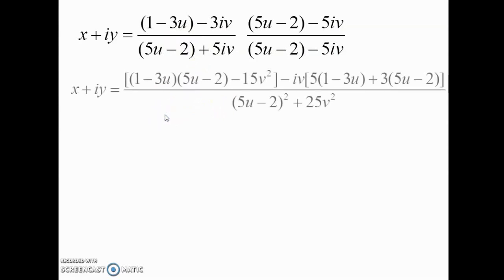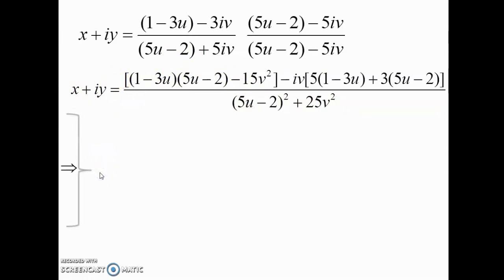So we'll get x plus iy is equal to [(1 minus 3u)(5u minus 2) minus 15v square minus iv(5(1 minus 3u) plus 3(5u minus 2))] divided by (5u minus 2) whole square plus 25v square. Now I am equating real parts and imaginary parts.